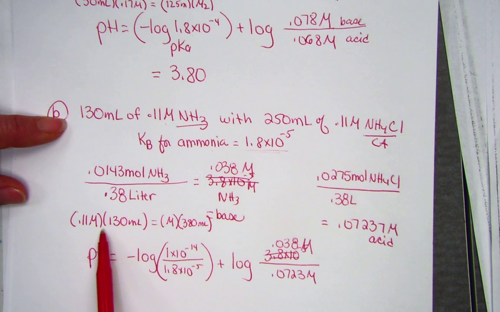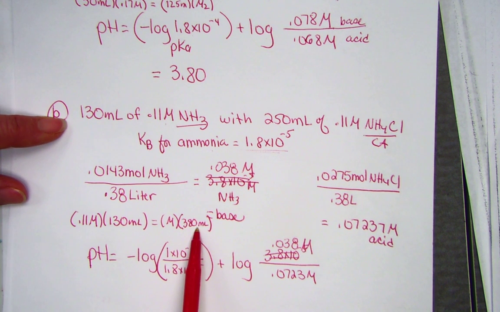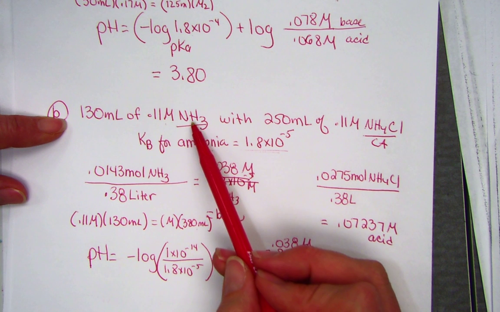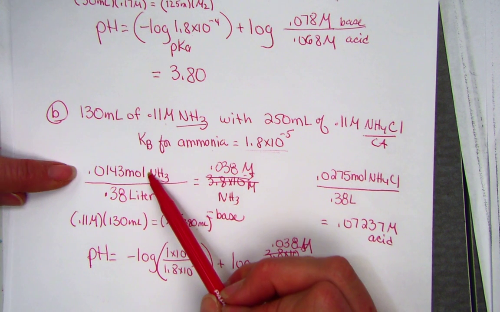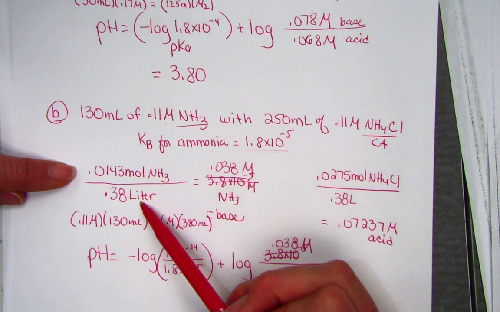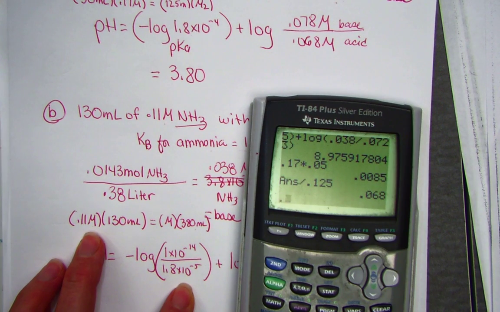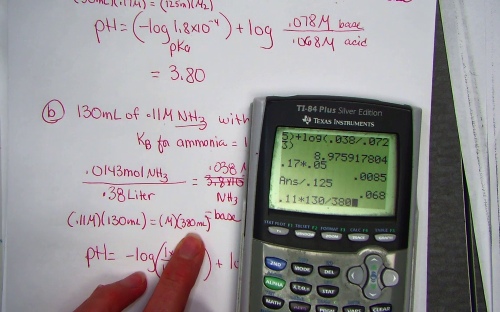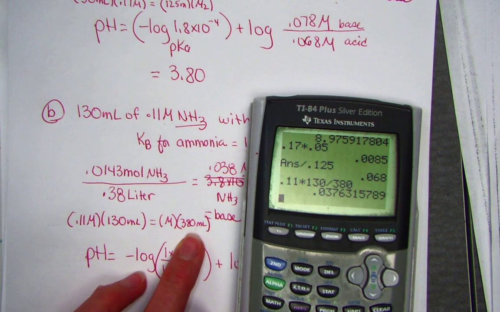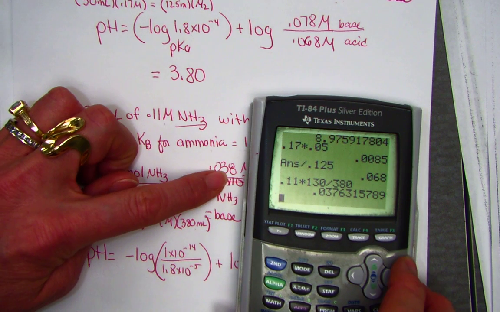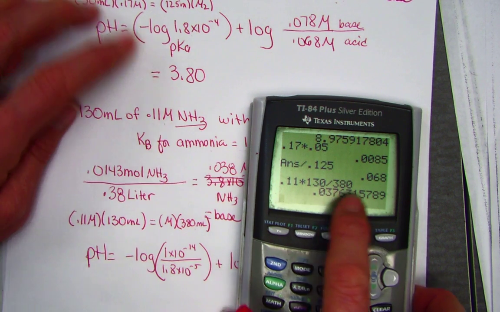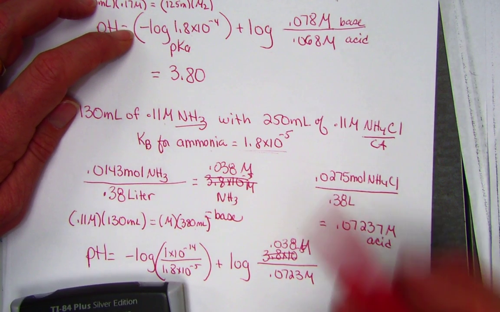You may solve these as MV equal MV dilution problems, or molarity times liter pulls out moles over the new combined volume. We're going to get the same answer either way. And let's verify. 0.11 times 130 divided by the new combined volume of 380, and I get 0.0376. 0.038 is how I rounded that, the new resulting concentration.